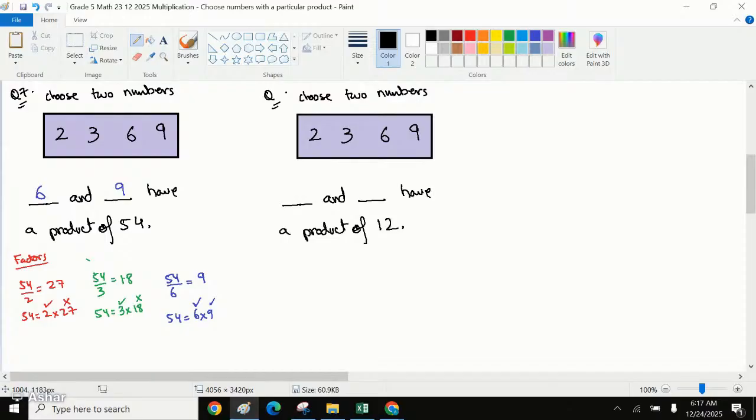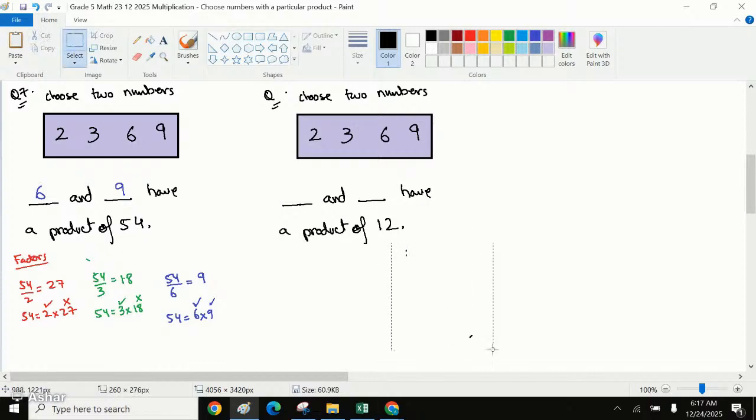This is quite easy for us, right? Why did I not do 18? If I would have written 18 over here, that means 18 would have two possibilities. 2 multiplied by 9, it's still in the options, right? And 3 multiplied by 6. So the question would become very confusing for us, right? So we choose 12 over here.